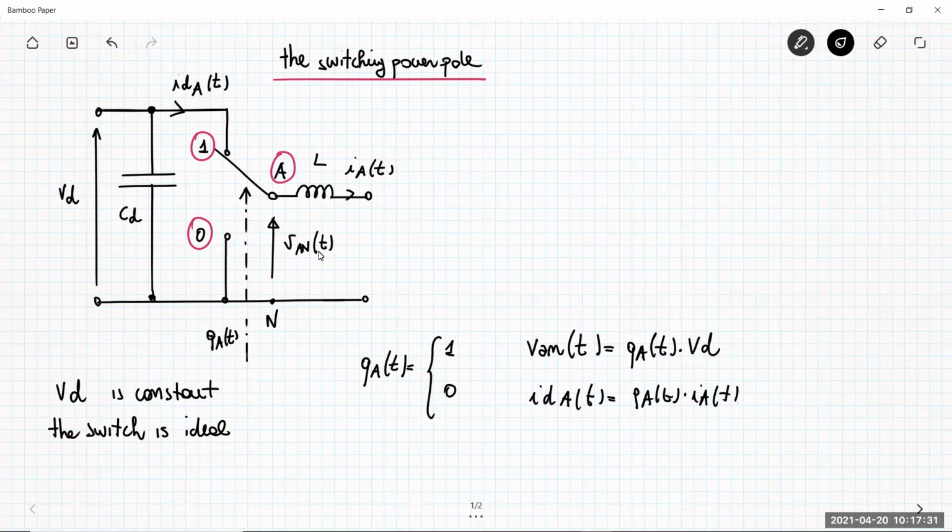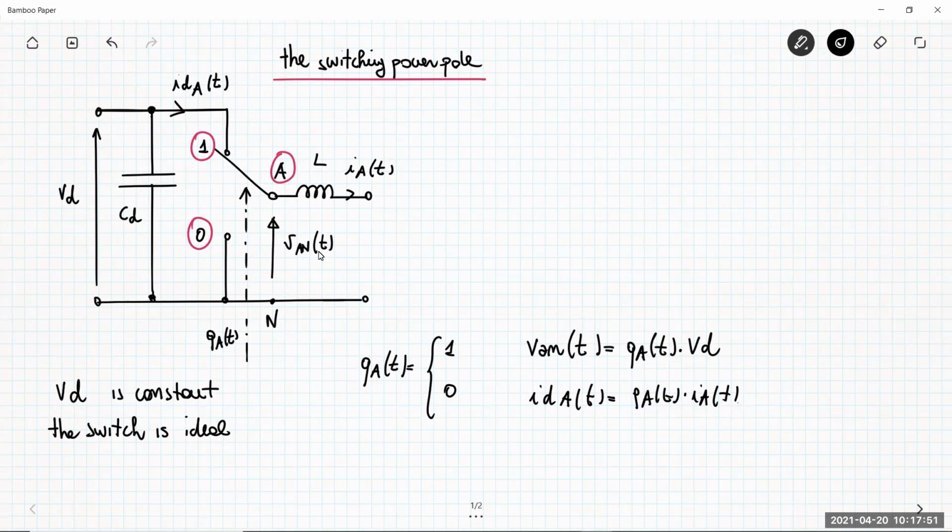Remember that for some specific conditions related to the function that multiplies the unitary switching variable Q in these expressions, you can convert these instantaneous expressions to average expressions.